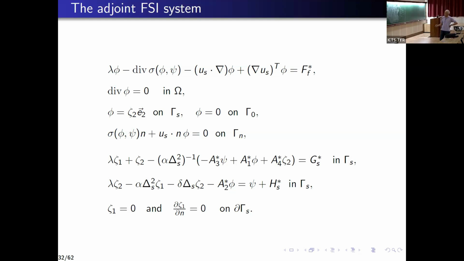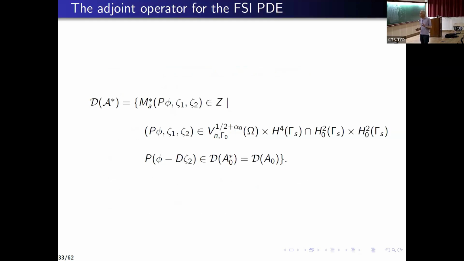But in the structure equation, we found something a little bit more complicated. We have here the inverse of the bilaplace operator applied to this function. Psi is the pressure of the adjoint state, and so on. It's doable, but the domain is quite bad. Not bad, but it is as it is.